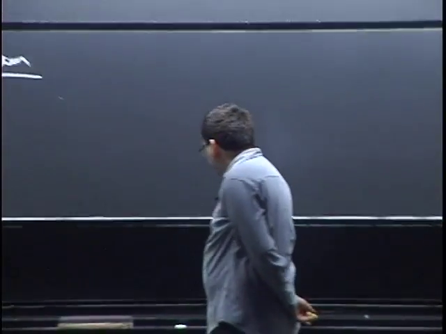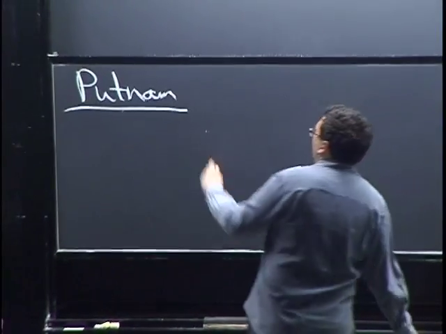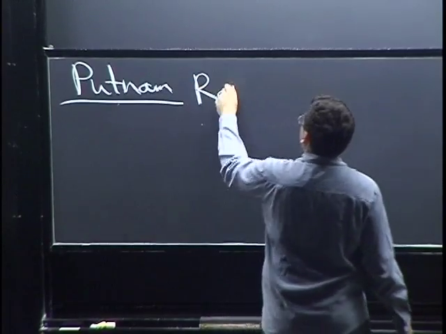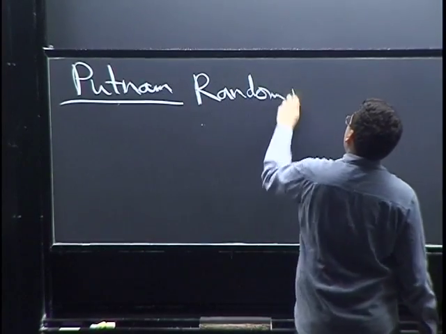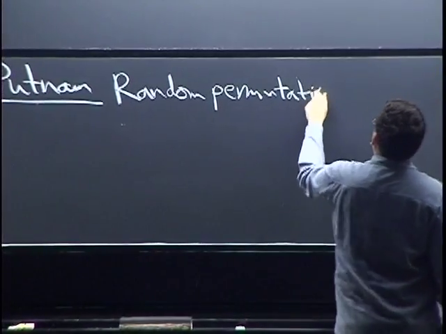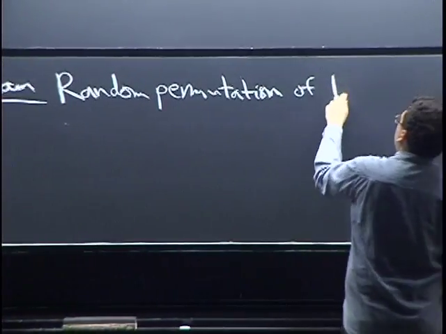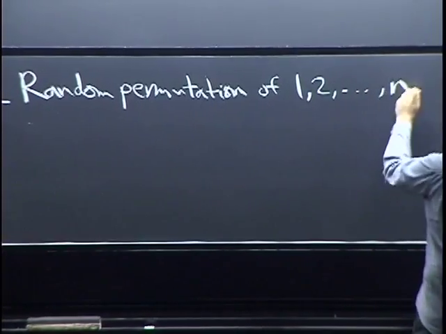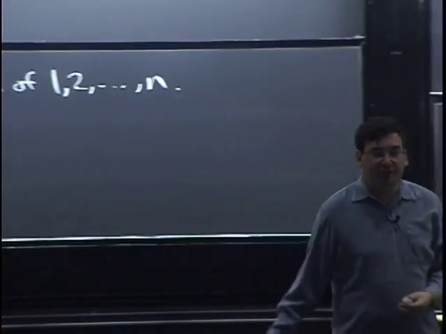I like this problem because it illustrates what we're doing, and we can solve it very easily with what we're doing. Okay, so here's the problem. You have a random permutation of the integers from 1 to n. In general, they don't have a lot of probability on the Putnam, but they do occasionally have probability, especially when it's actually counting.